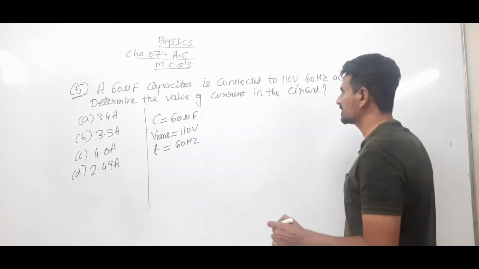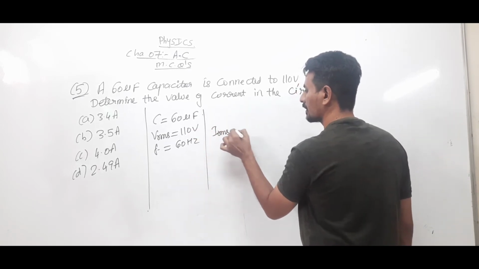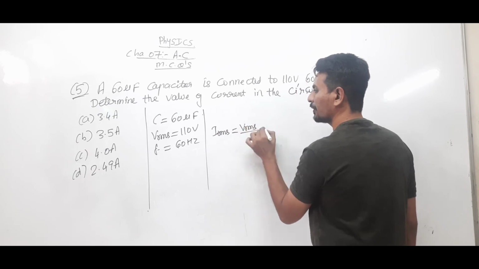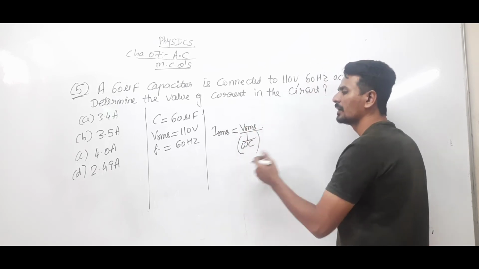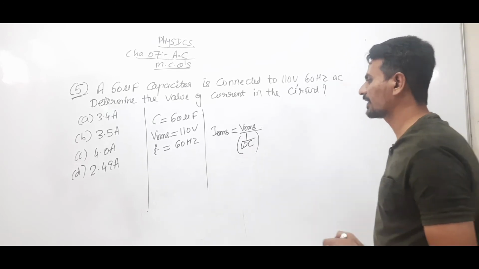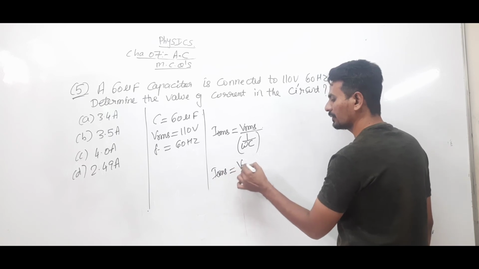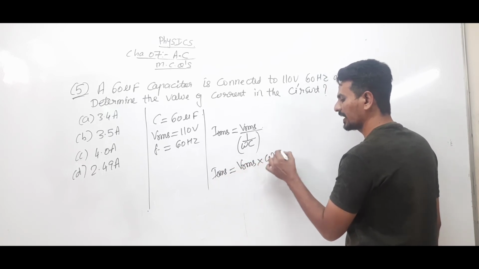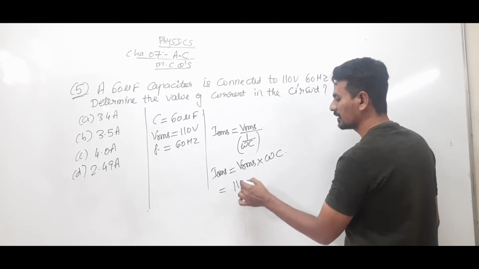IRMS is equal to VRMS upon, since only a capacitor is present, XC, that is 1 by omega C. So finally IRMS is equal to VRMS into omega C. What is VRMS? 110.